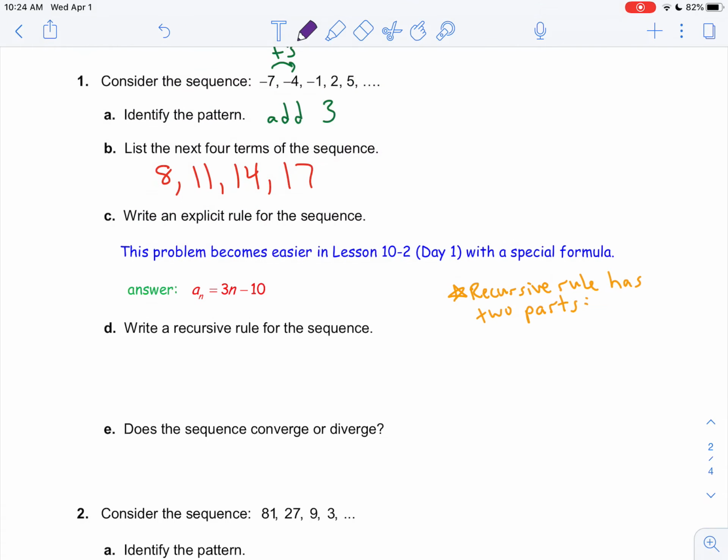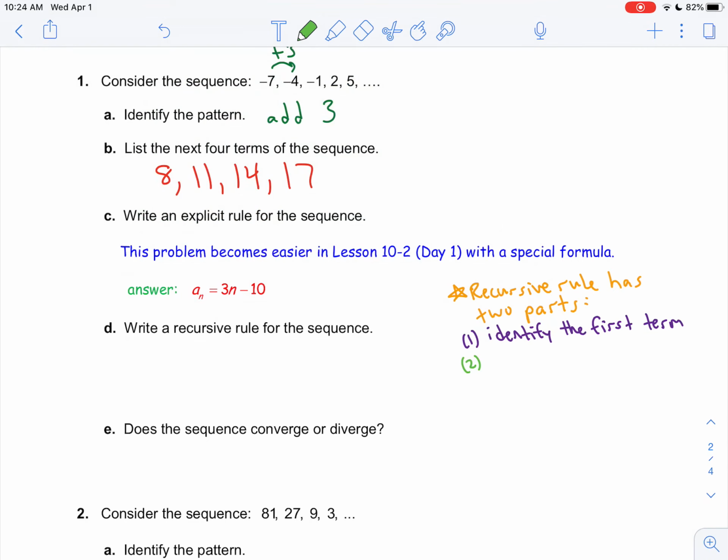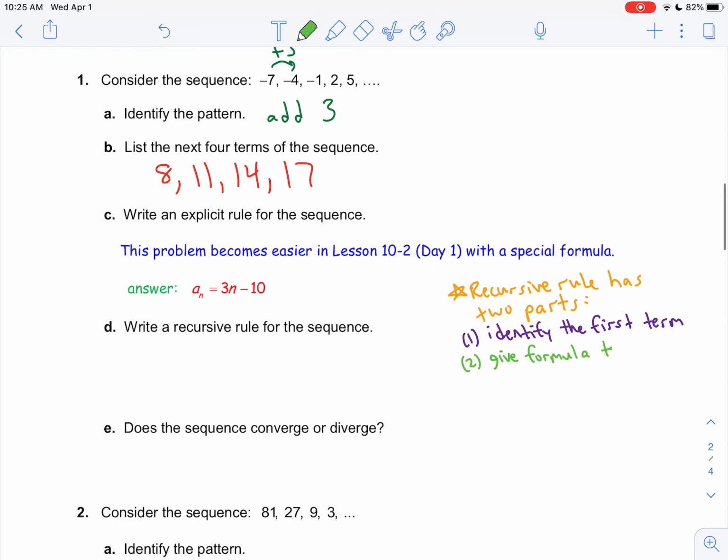First one, super easy: all you do is identify the first term. Almost always you're going to know that. Every once in a while you will have to find it. So you'll identify the first term. And then step 2 is you're going to give a formula to find the next term.